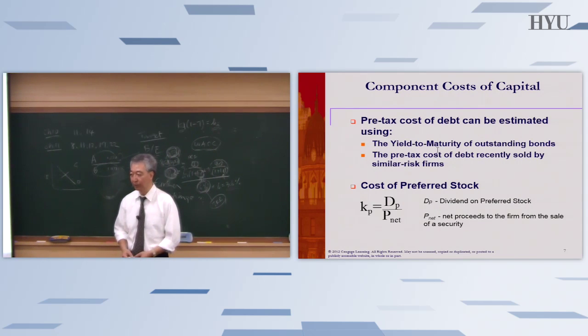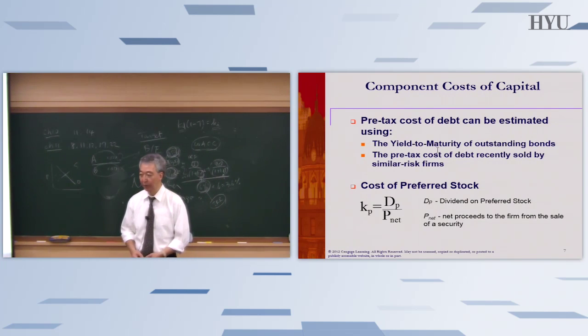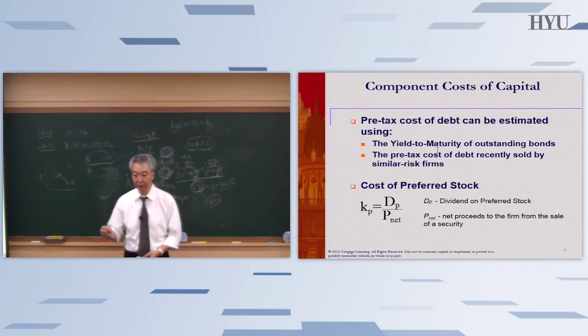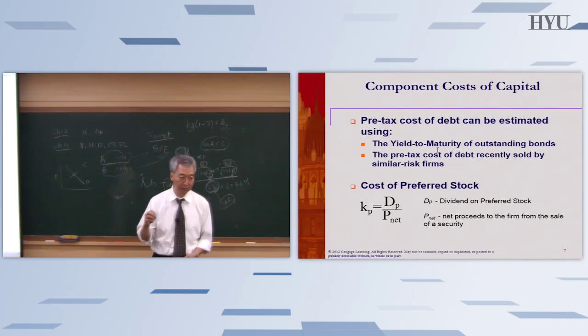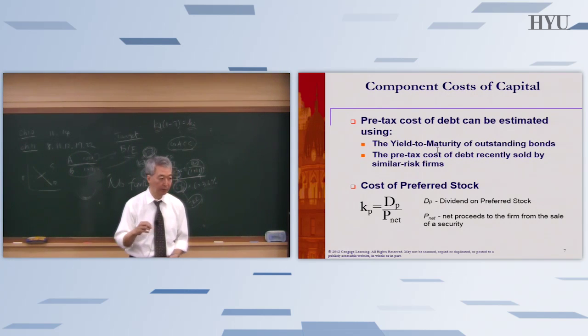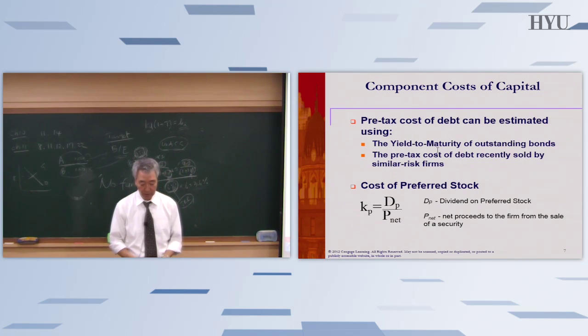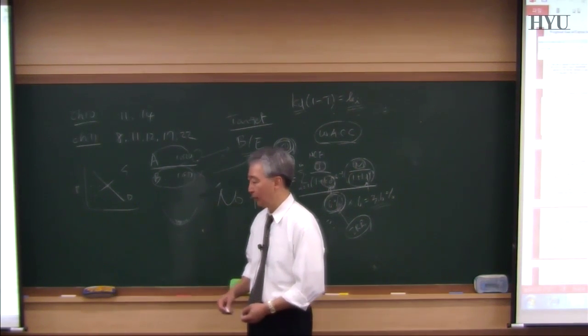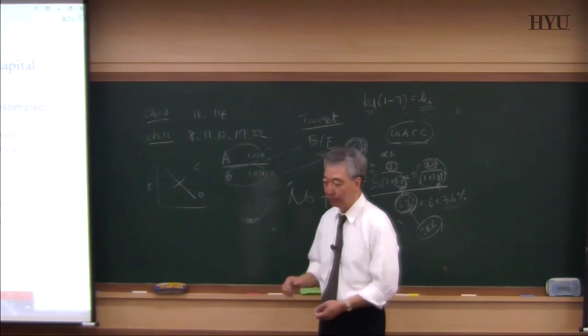We talked about the surrogate firm to calculate the beta last class, right? So you try to find the company which is very similar to your company, at least similar risk level, and see what interest rate they pay on their bonds. And then you can probably use the same rate to come up with the cost of capital.